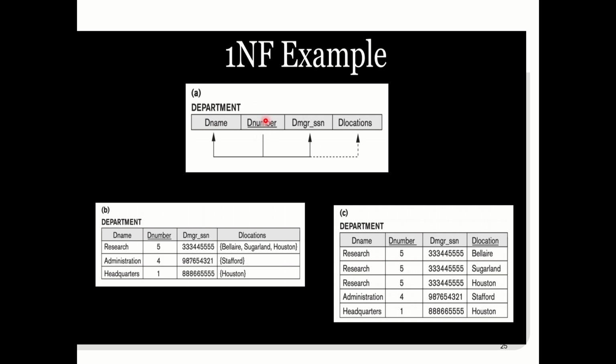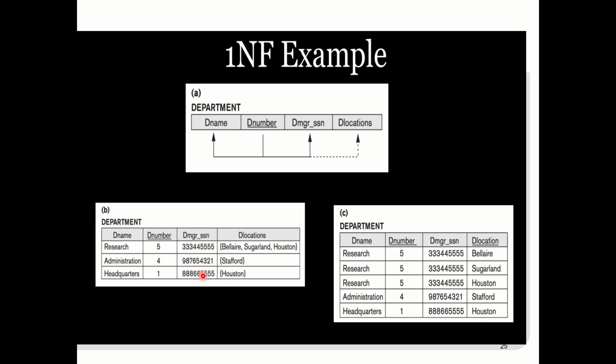D number is functionally dependent on D manager SSN. D number is functionally dependent on D location. So you can see that there are three different functional dependencies given to you. That means you can split this into three different tables. That's the meaning of it, which you will get to know later.